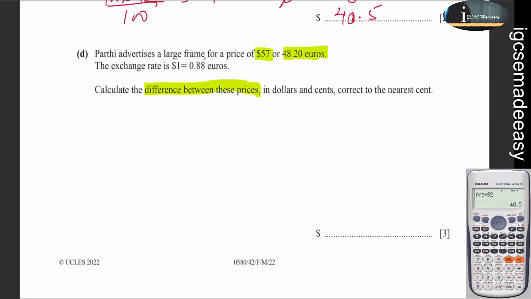He is advertising $57, and because we need the answer in dollars only, we'll leave it as is. So we have to convert this 48.20 euros into dollars now. How can we convert? Because the conversion rate is given. 48.20 euros, when I divide it by 0.88, that is the exchange rate, I'll get the answer in dollars, right?